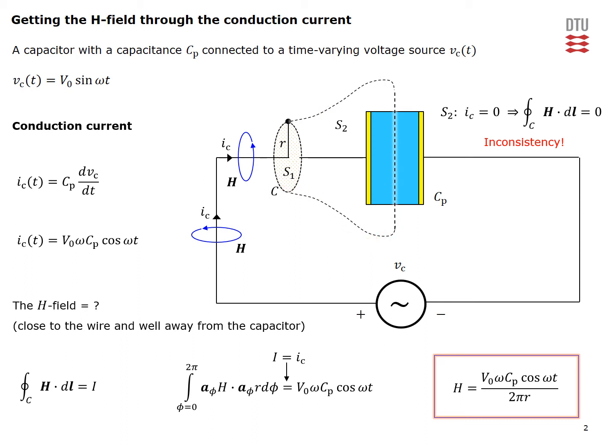Of course, we didn't have any reason to believe that Ampere's law will be valid beyond the region of magnetostatics, and on the following slide we will show how a generalized version of this one, known as the Ampere-Maxwell law, will resolve this inconsistency through the so-called displacement current that will flow through this region of the capacitor.